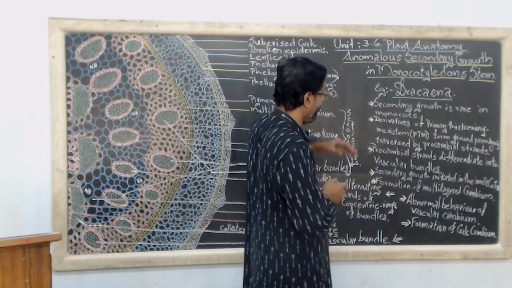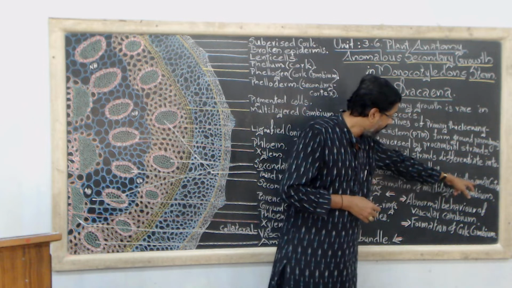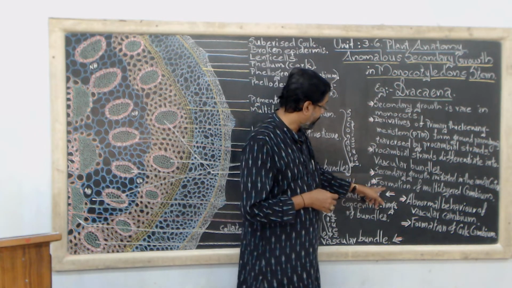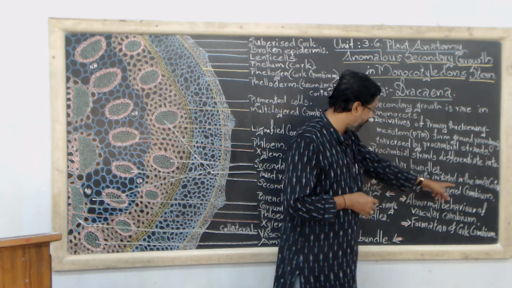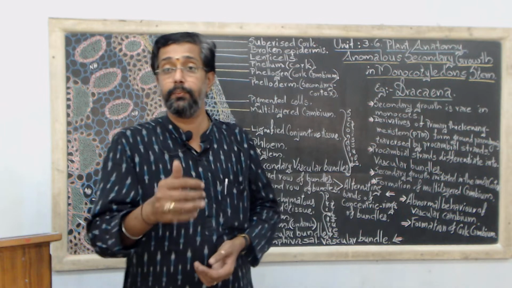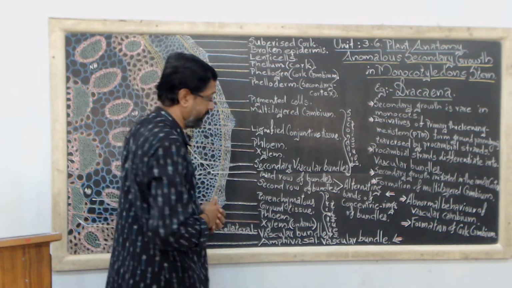And we are coming to the secondary growth. The secondary growth is initiated in the inner cortex, and the formation of multi-layered cambium is the first related process in secondary growth in thickness in monocot plants.